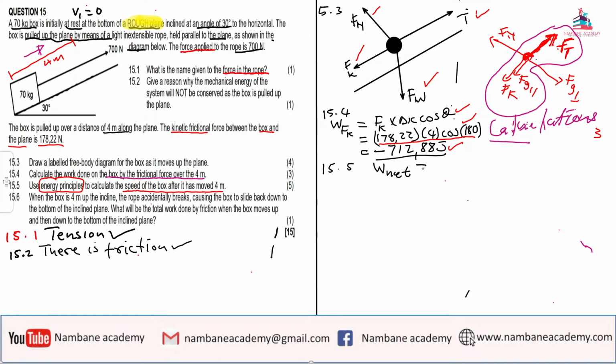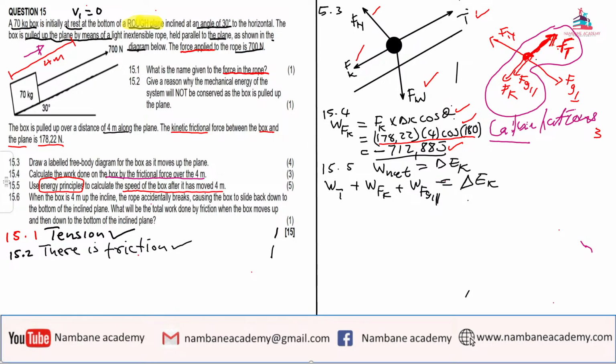Work net is equal to change in EK. But which forces are making work net? Work done by tension plus work done by friction plus work done by Fg parallel is equal to change in EK.